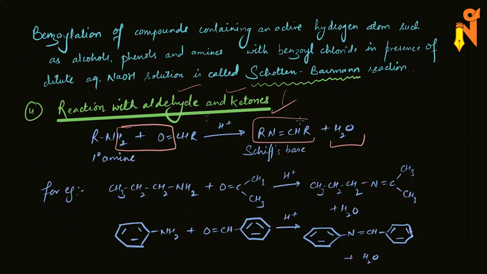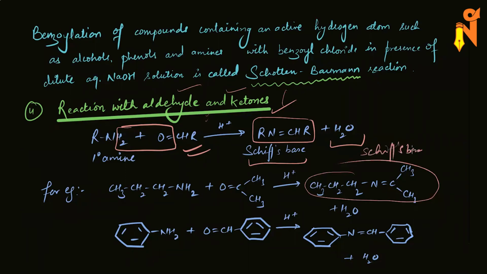So what you get when a primary amine reacts with aldehyde or ketone is called a Schiff's base. The same thing we had done in the practical organic chemistry part also. Here you can have any kind of aldehyde, you can have any type of ketone, and the reaction will proceed. So whatever you will get here will be called Schiff's base. This is a very important school level or board level question.